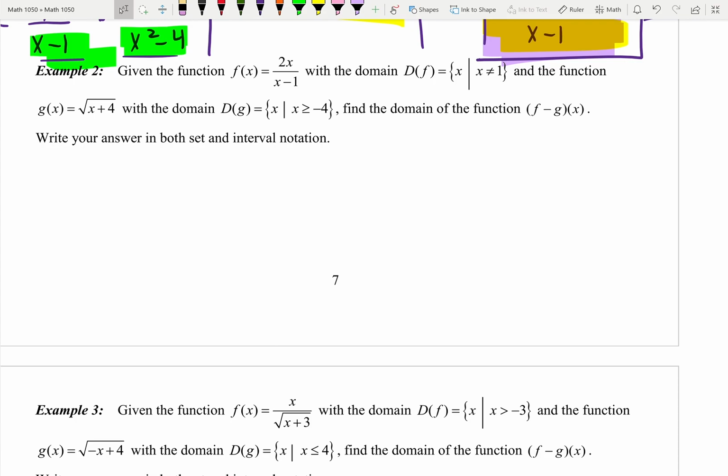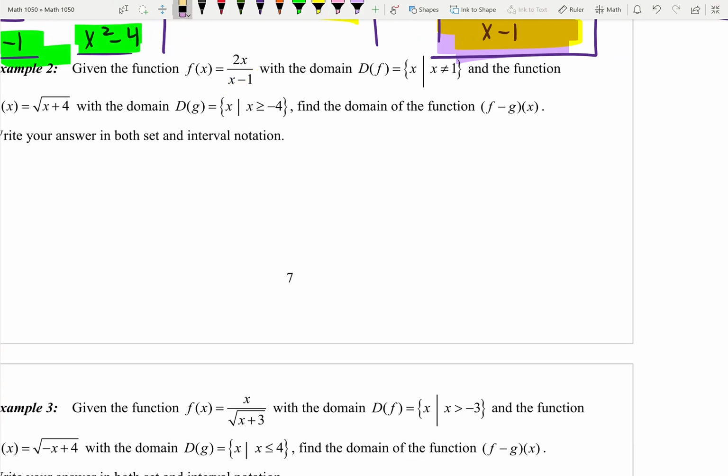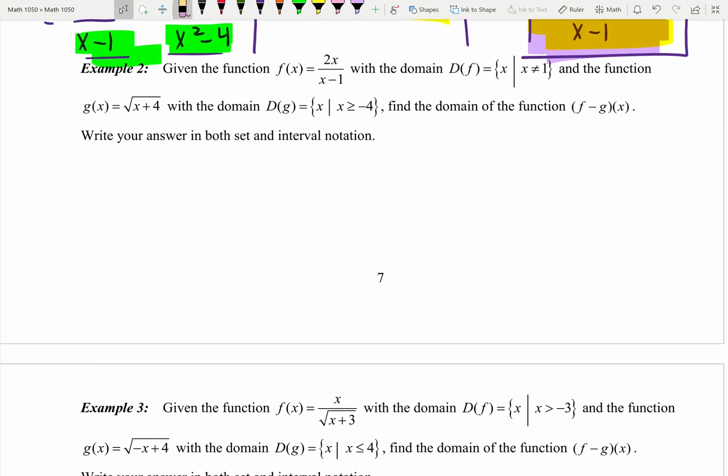Okay, question 2. Given this function that has a domain where x can't be 1. Well, that makes sense because here's your denominator, set it equal, x can't be 1, right? And you've got another function right here, and the domain of that is x must be greater than or equal to -4.